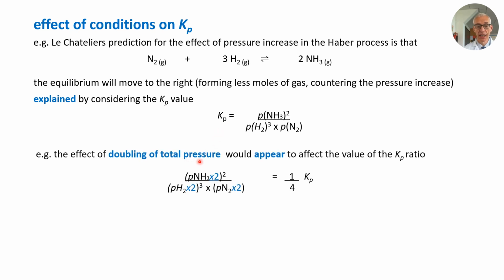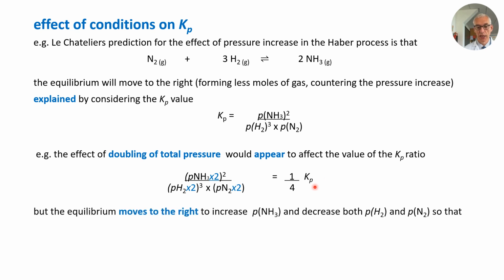It would appear that if we doubled the total pressure, the value of Kp would be decreased, because we're going to be doubling the partial pressure of ammonia, which is squared, but also doubling the partial pressure of hydrogen, which is cubed, and multiplying it by a doubled partial pressure for nitrogen. That would appear to indicate that Kp would be reduced.